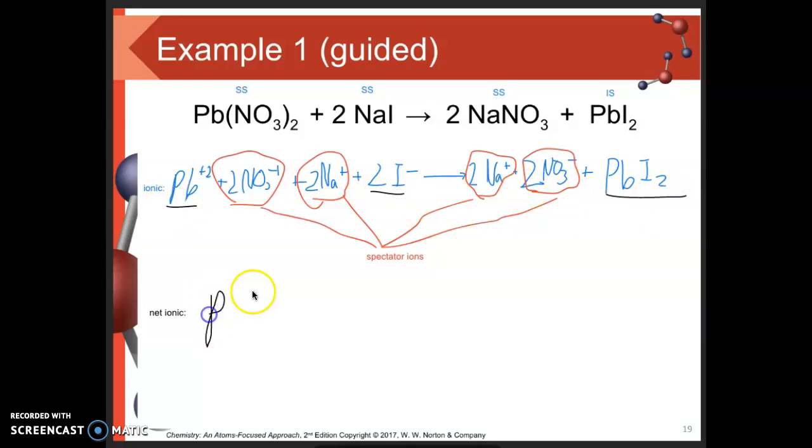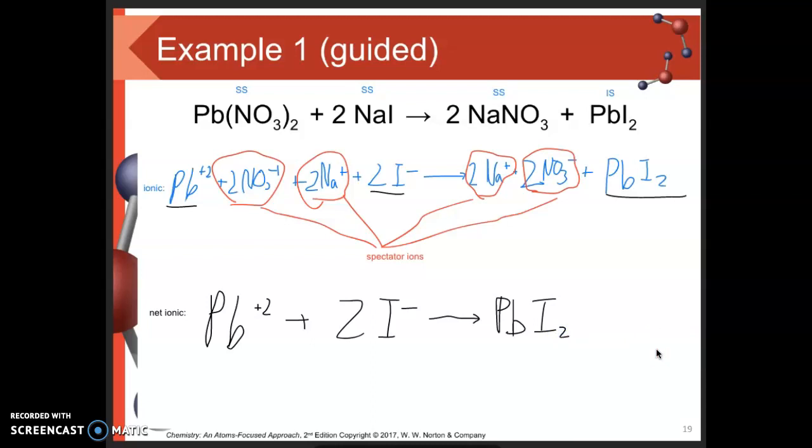So my lead ion, Pb 2 plus, reacted with 2 iodide ions to make the insoluble solid lead 2 iodide. And that is my net ionic equation for this.